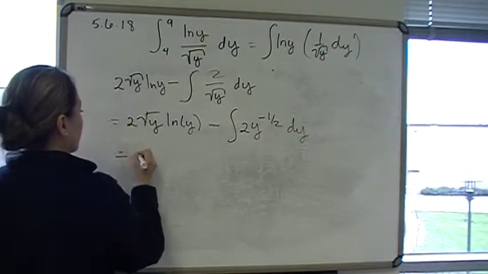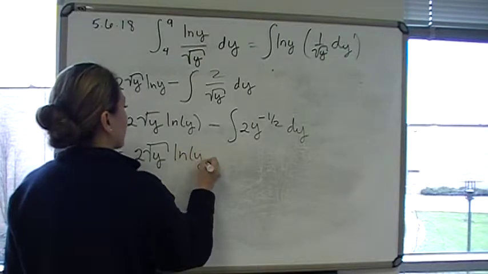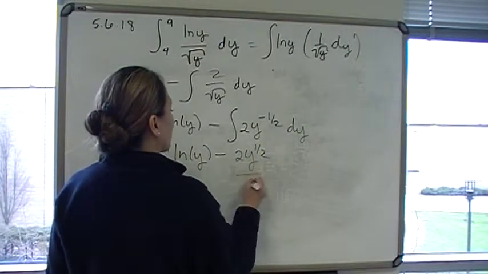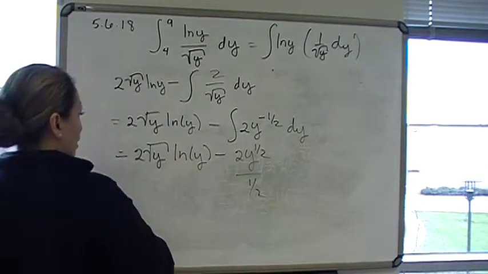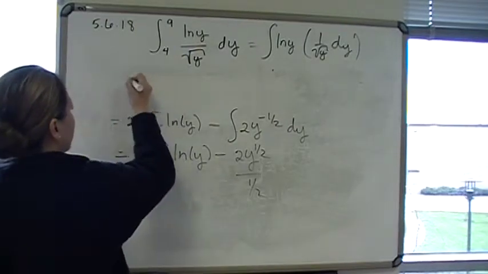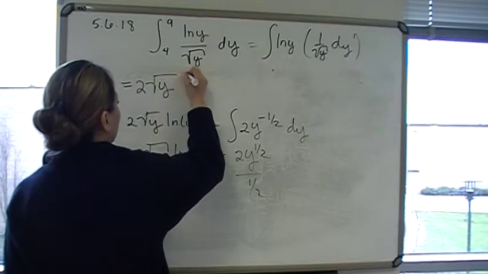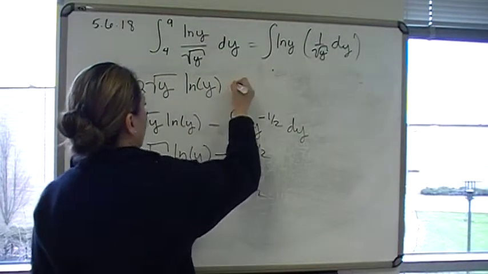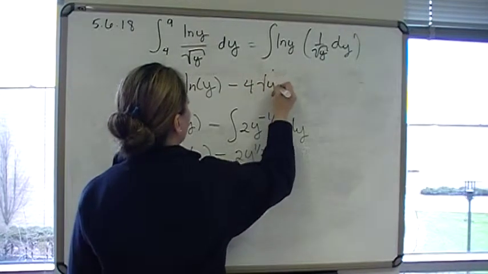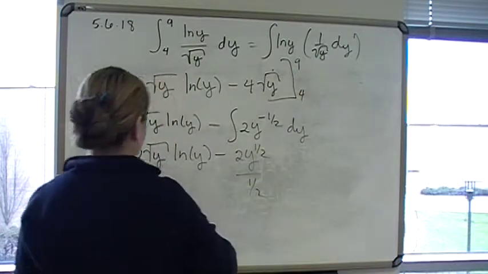That is equal to 2 root y, natural log of y, minus 2y to the 1/2 over 1/2. That is equal to 2 root y, natural log of y, minus 4 square root of y. And we evaluate that from 4 to 9.